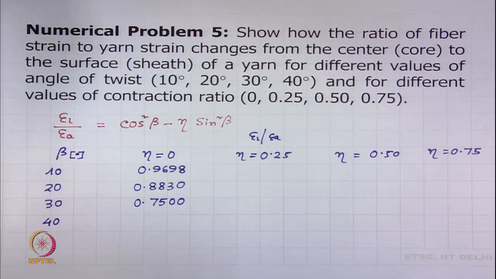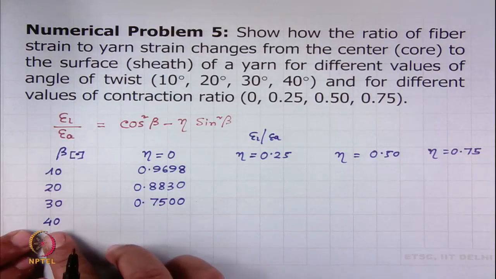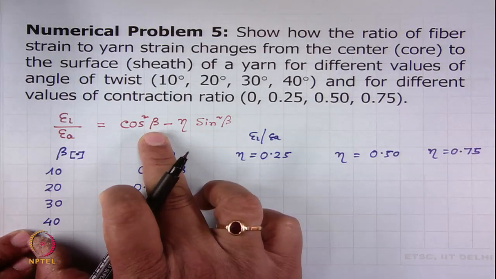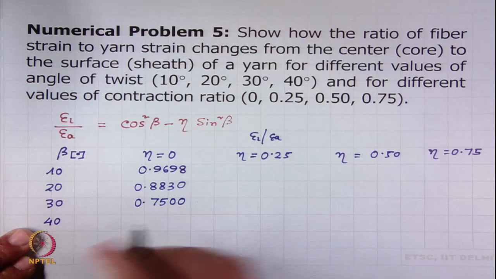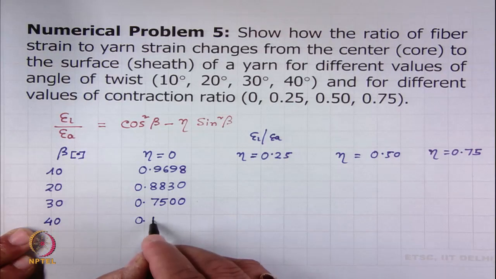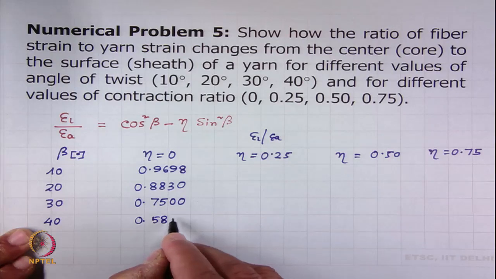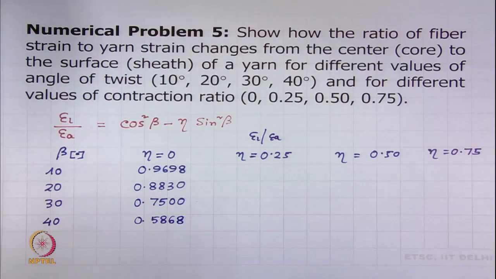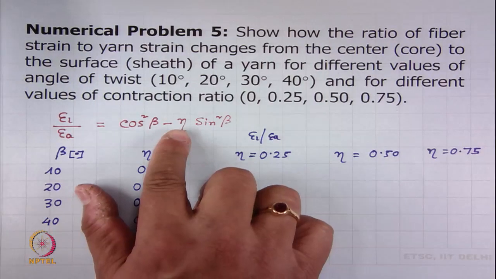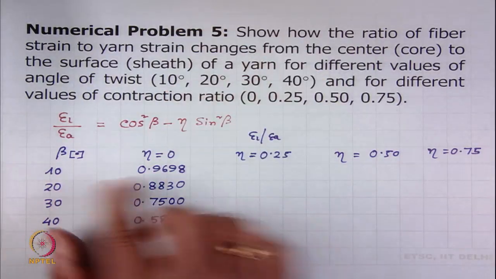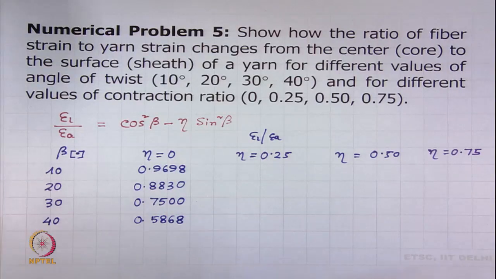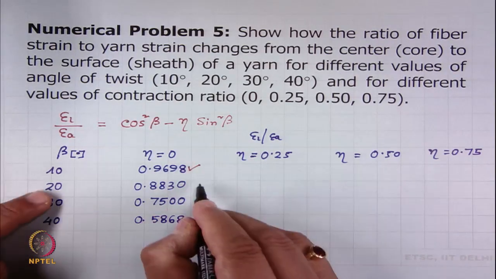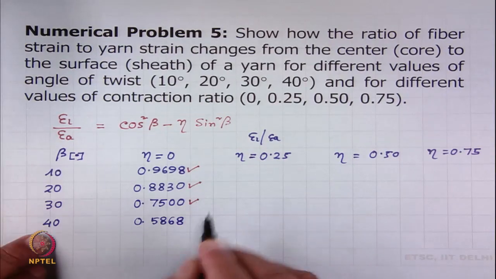Then 40 degree beta, eta is 0, so this component vanishes, cos square 40 degree, what will be the value? 0.5868. Okay. So, when eta is equal to 0, this component vanishes. So, this column is obtained: cos square 10 degree is this value, cos square 20 degree this value, cos square 30 degree is this value, cos square 40 degree is this value.